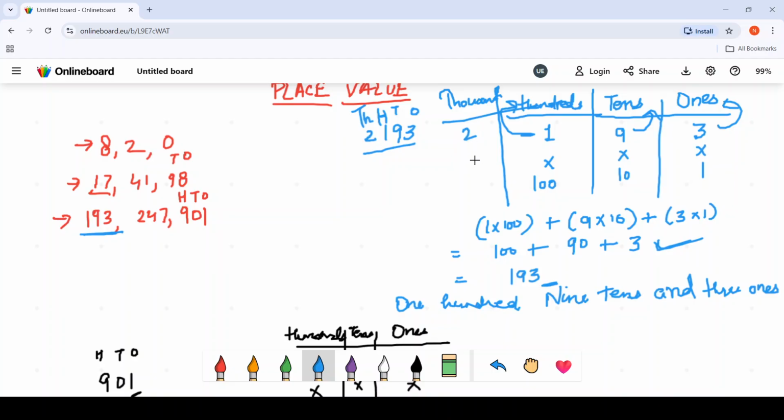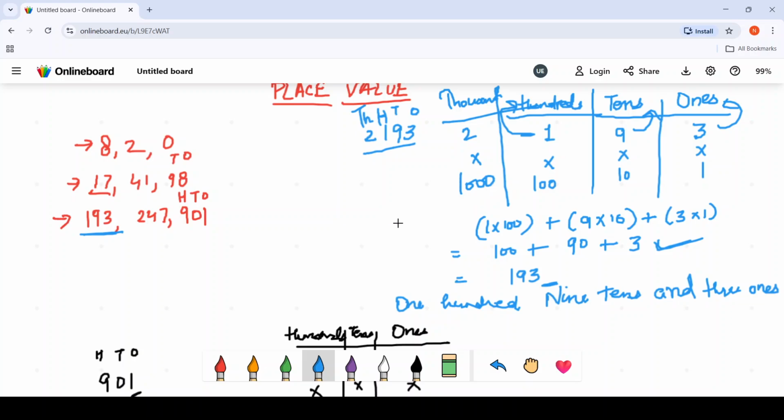Now what will be multiplied to 2? Any guesses? Give it a try. Thousands. Okay, this is the thousands place, so it will be multiplied by 1000.